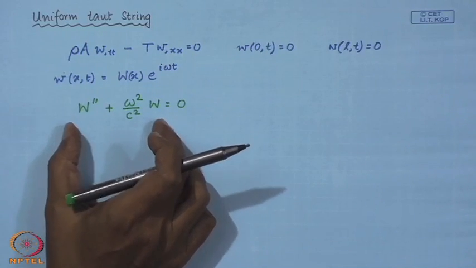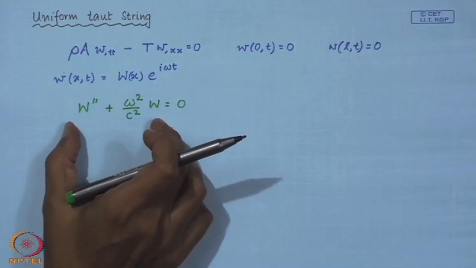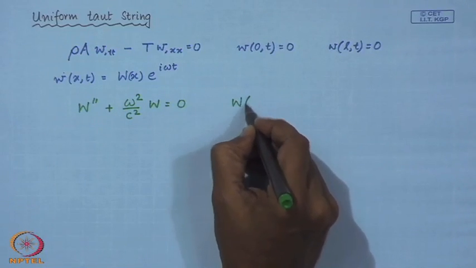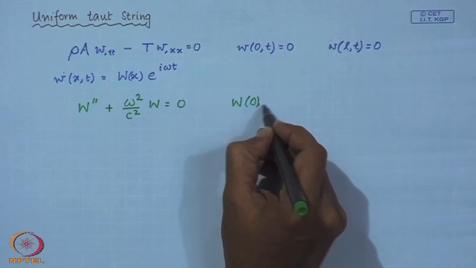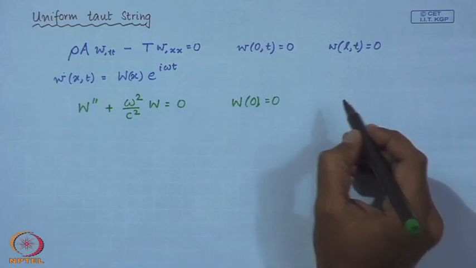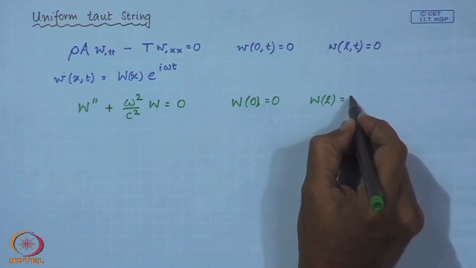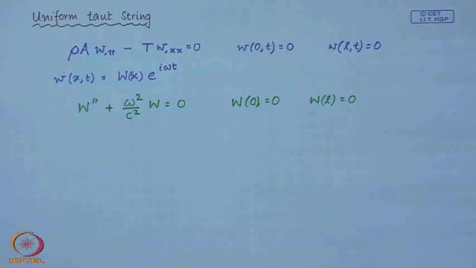So, the remaining part, the coefficient of exponential I omega t, which is this, must be 0, and along with this we must have the conditions at x equal to 0 and x equal to L.